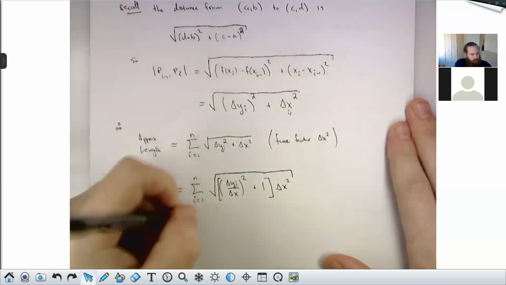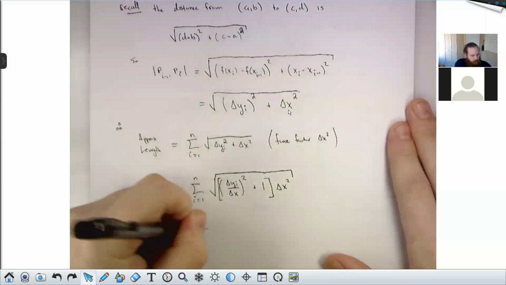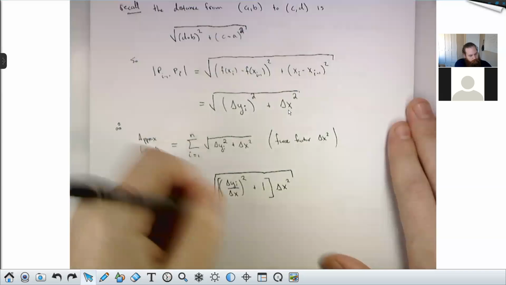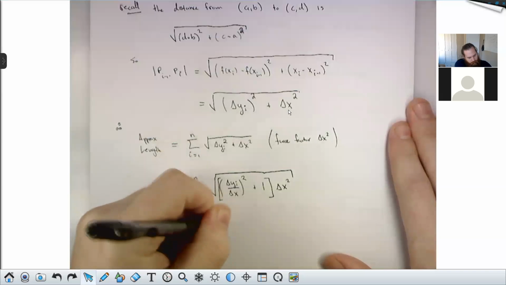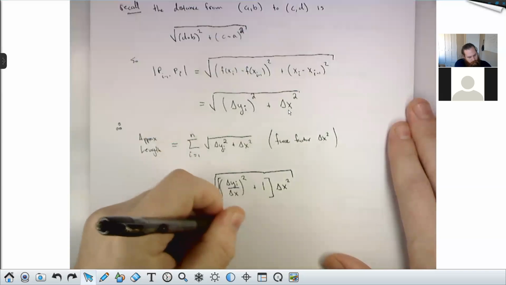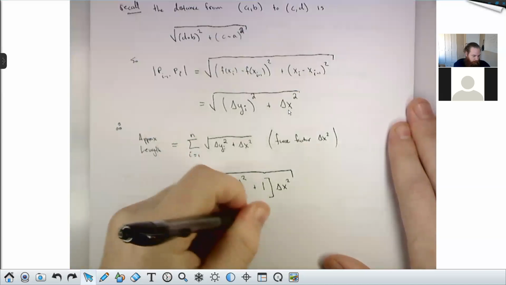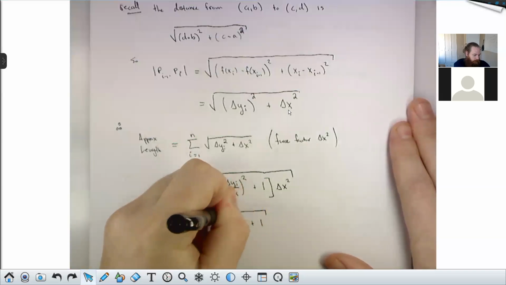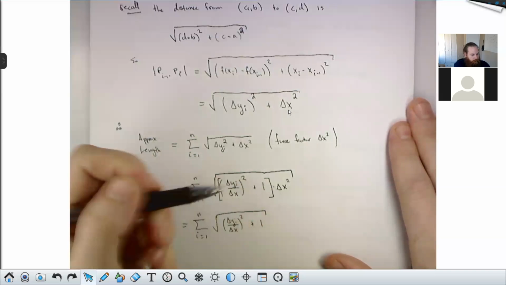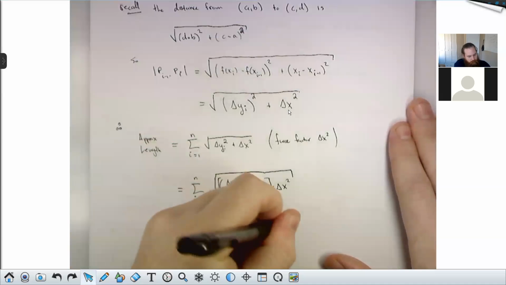And then the last thing I do here is bring that delta x squared, which is now a multiple here, out of the square root as delta x.